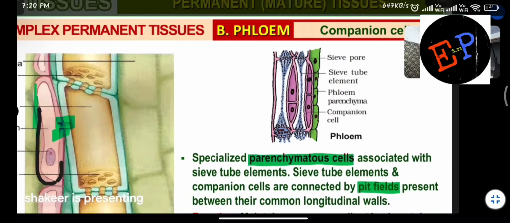What is meant by pit fields here? In this region, you are seeing small pit-like structures, no? They are called pit fields. So sieve tube elements and companion cells are connected through some perforations, some holes, which are called pit fields. And what is the function of these companion cells? They maintain pressure gradient in sieve tubes. So maintenance of pressure in sieve tubes is the function of companion cells.